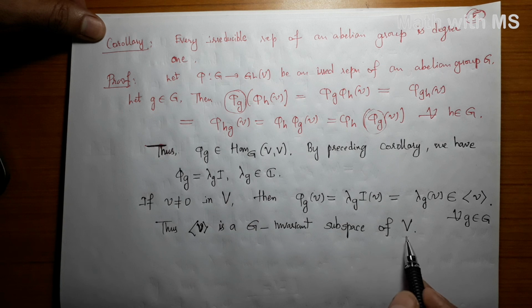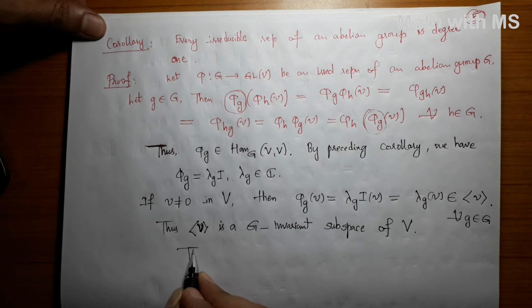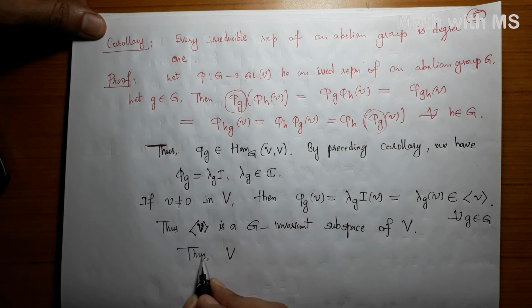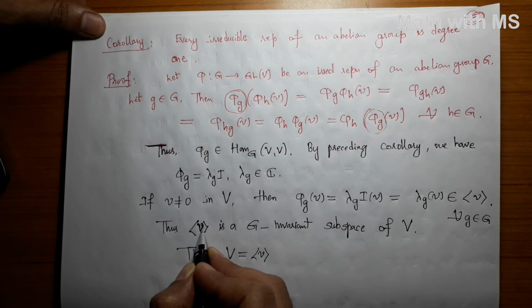But phi is given to be an irreducible representation, and you have got a non-zero G-invariant subspace. So what is the possibility? Then this non-zero G-invariant subspace should be the full space. So thus your V should be spanned by this non-zero vector.